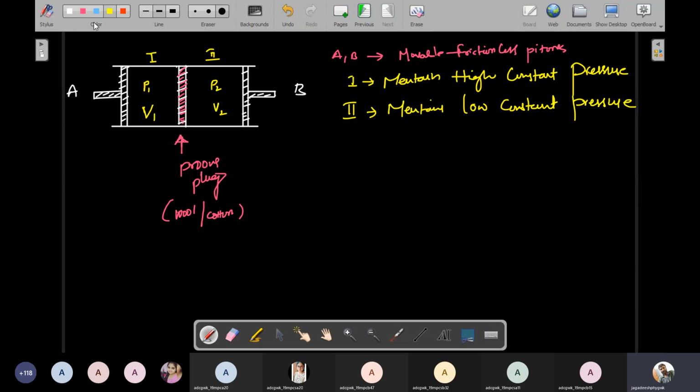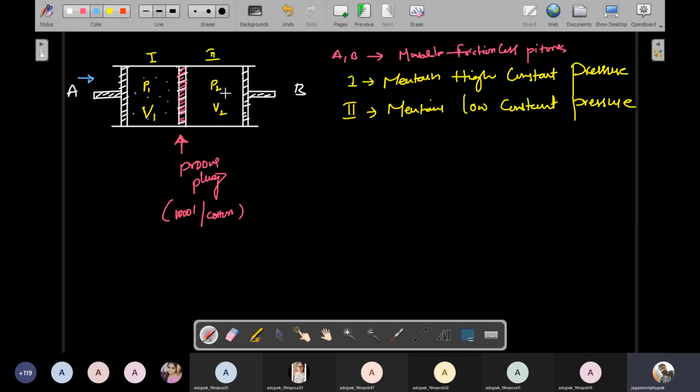Suppose you consider an ideal gas in the first chamber. If you move this piston towards the porous plug side, in this direction, then what will happen? The gas is compressed inside chamber 1 and escapes through the porous plug, entering chamber 2.